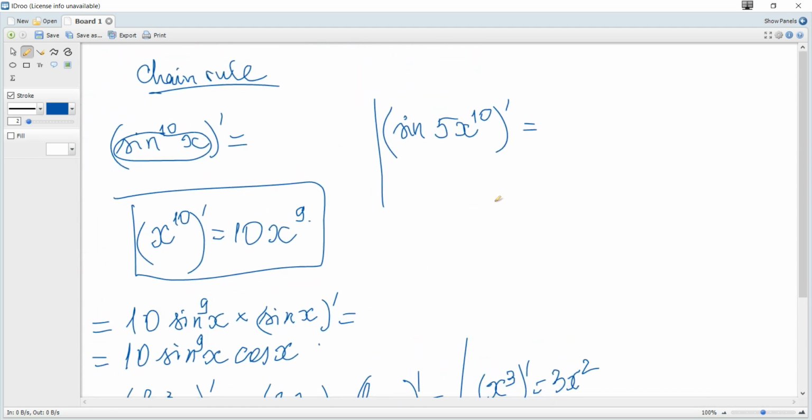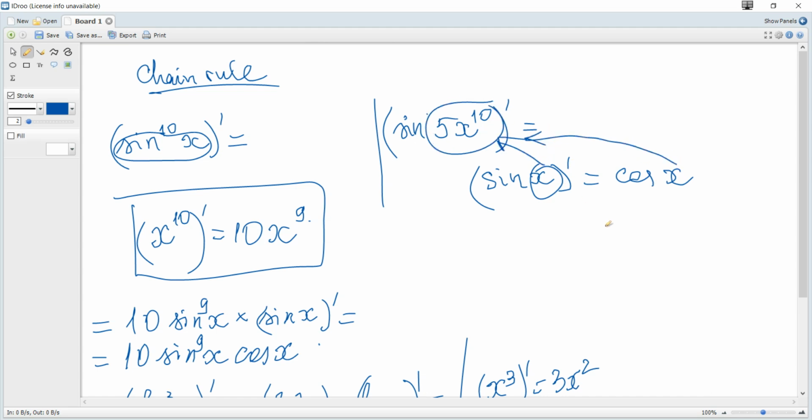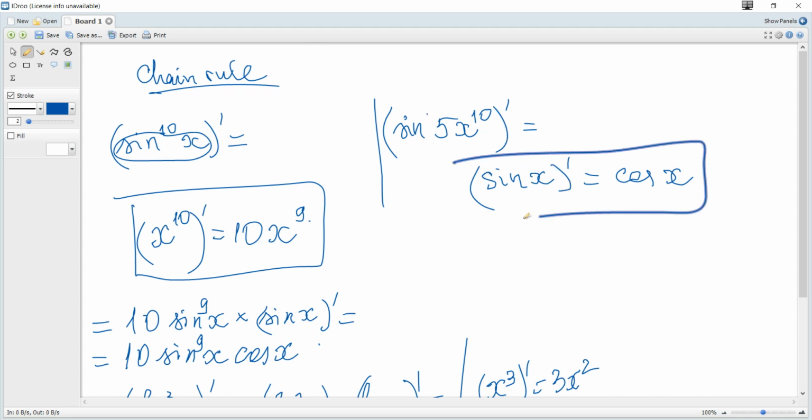And if there is no power but a more complicated argument, we should use the rule for the derivative of sine x. It is given in the data booklet. Sine x derivative is cosine, but instead of x we should just copy all these arguments. So this derivative is equal to cosine 5x to the power of 10, and according to chain rule we should multiply by the derivative of this argument.